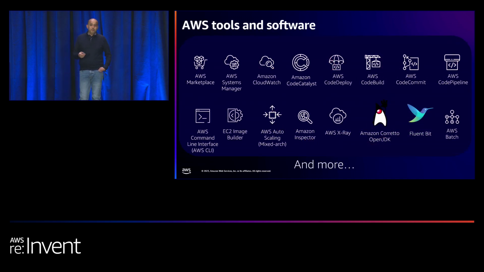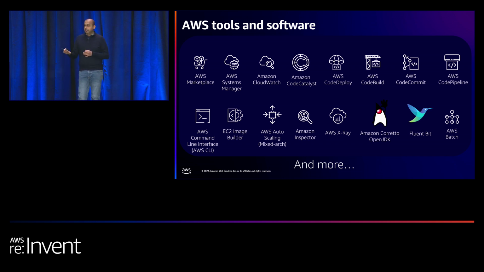Let's talk about AWS tools and software. So pretty much all the tools and software that you've come to rely on for your infrastructure also support Graviton and ARM64 today. These include things like the entire AWS Code suite that allows our customers to build and test.